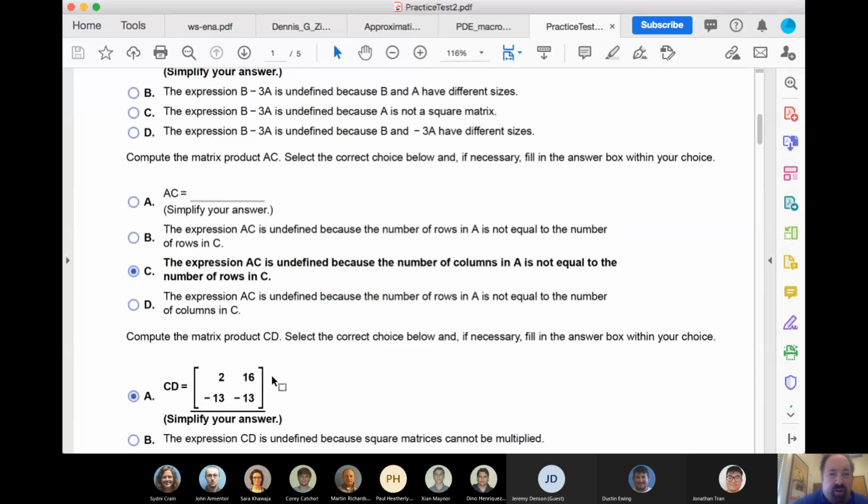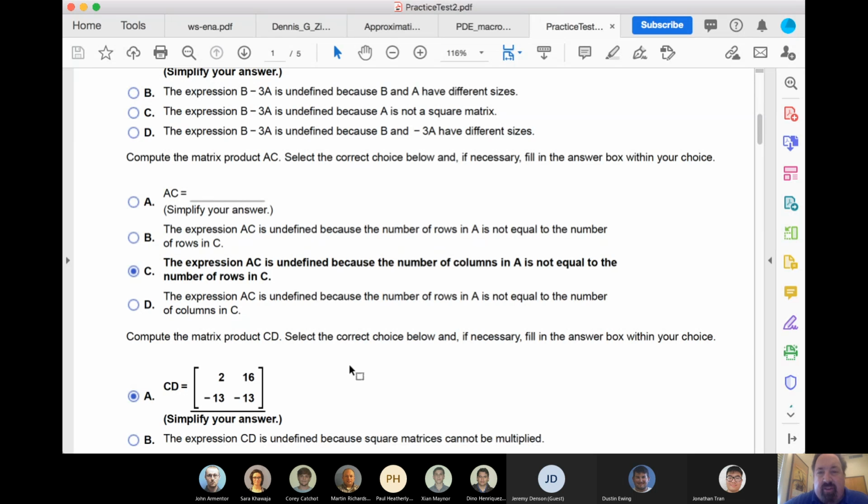And you keep going. Remember this: the entry in row I, column J of a product comes from working with row I of the first matrix and column J of the second matrix. By working with, I mean multiplying corresponding entries and then adding them all up.